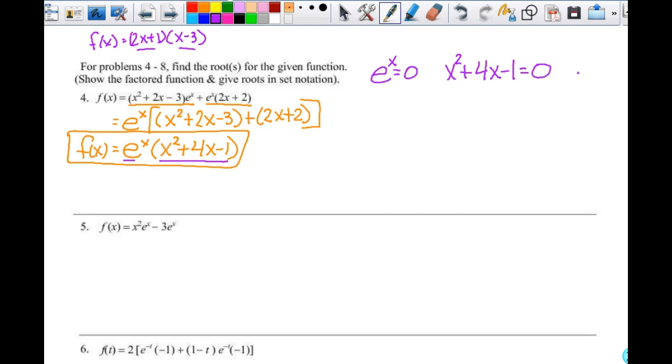Sing the song in your head if you have to. Quadratic formula. Get it done. Something you have to know and be able to use. You cannot wait for me to walk you through everything all the time. That'll get you nowhere.